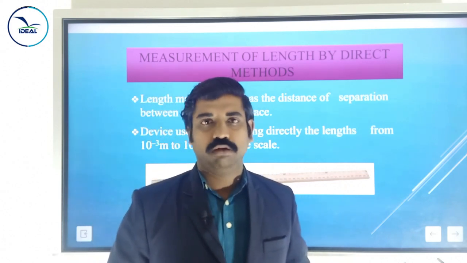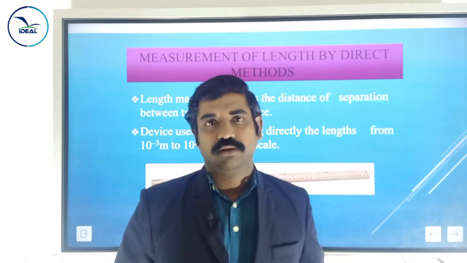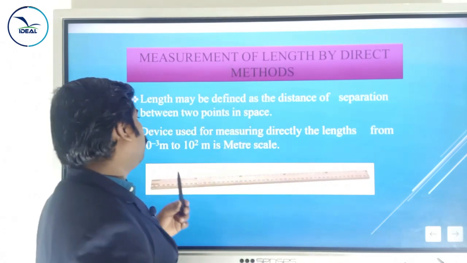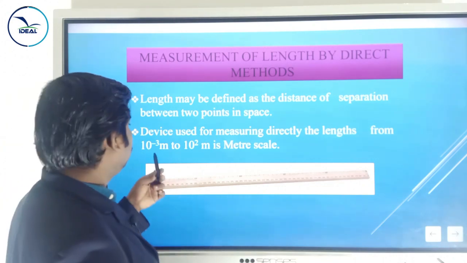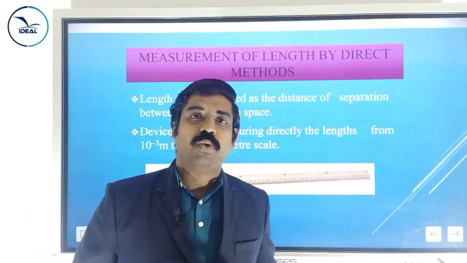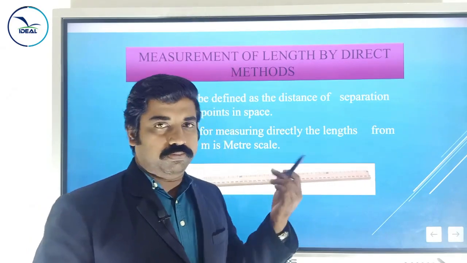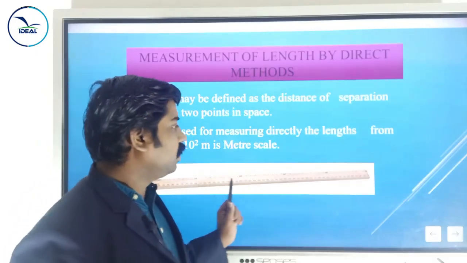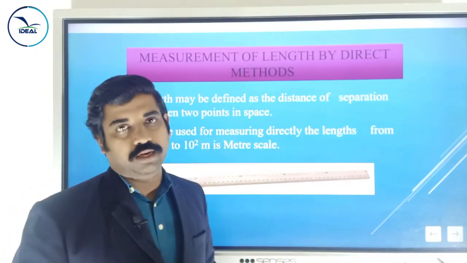How can we measure it? We can use a scale for measurement. So we can measure a distance from 10 raised to minus 3 to 10 raised to 2, meaning 1 millimeter to 100 meters, by using a meter scale.